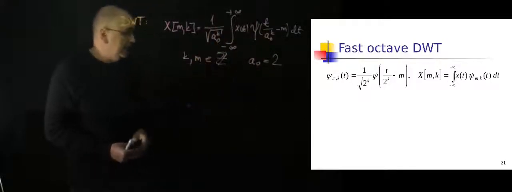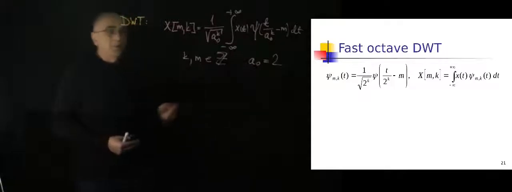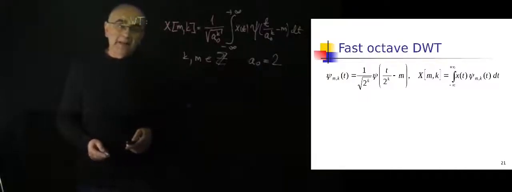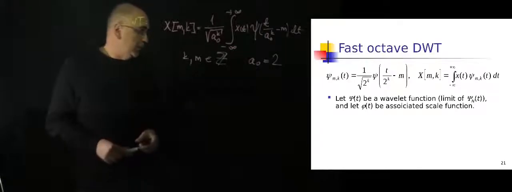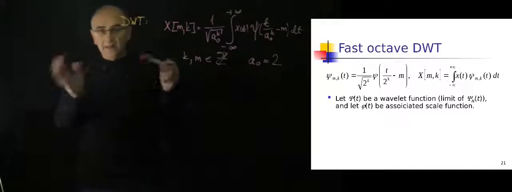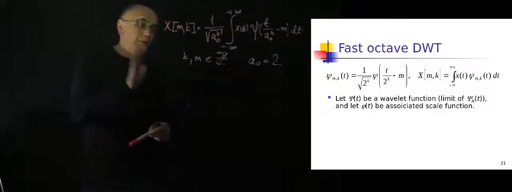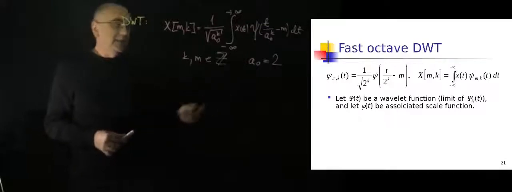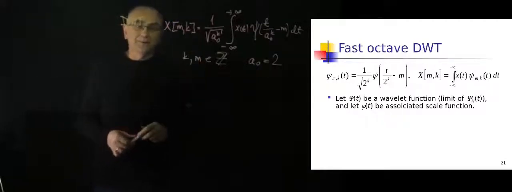In that case, we can use that form from the slide. And now we choose not any admissible wavelet, but only a subset of the wavelets that have that scale function.